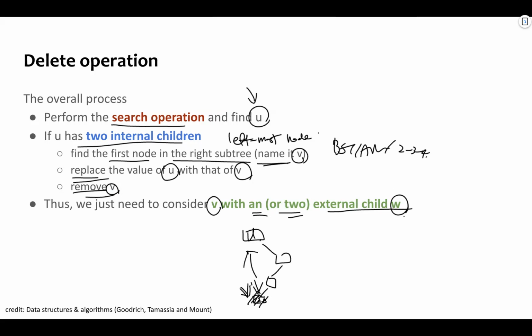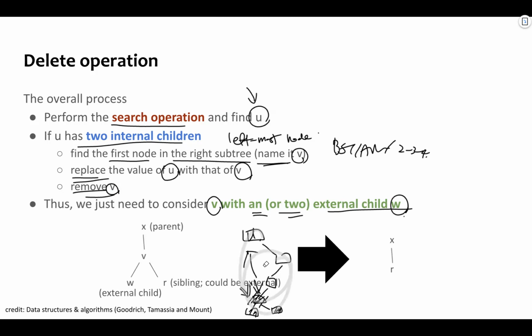And because this one is the leftmost child in the right subtree, this one has 1 or 2 external nodes. Okay, so this is the only case we need to consider when we are deleting.